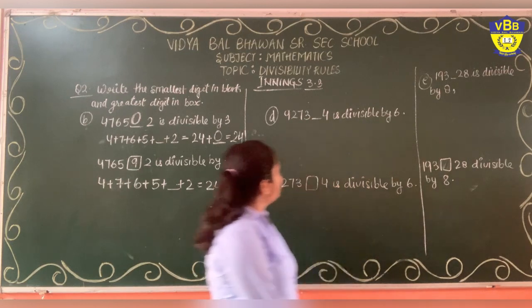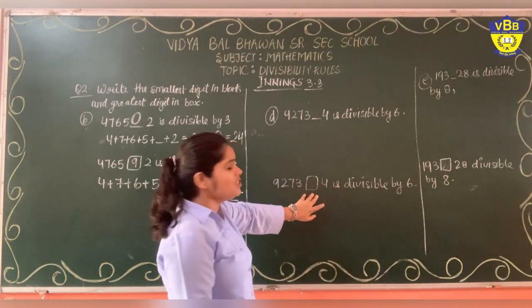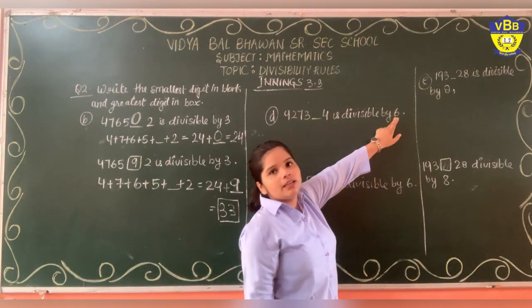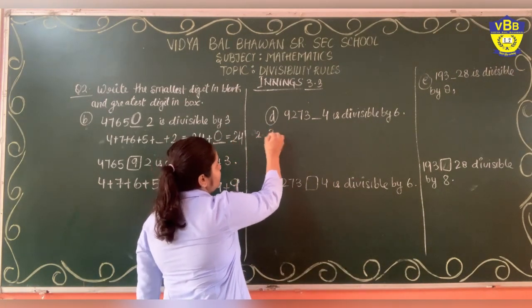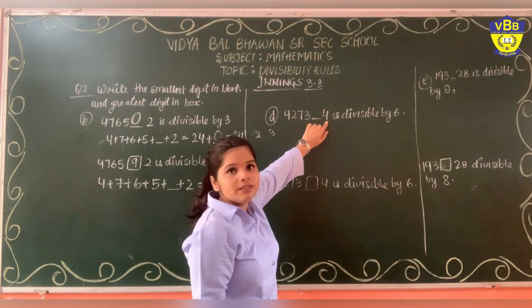Similarly, in this part, write the smallest digit in the blank and the greatest digit in the box, but the number should be divisible by 6. Divisibility by 6 says that it should be divisible by both 2 and 3. You can check it is divisible by 2 because it ends with 4 at the one's place. So it is already divisible by 2.